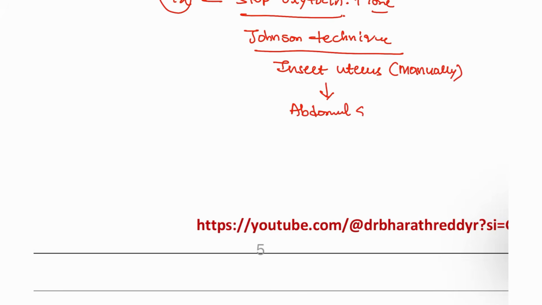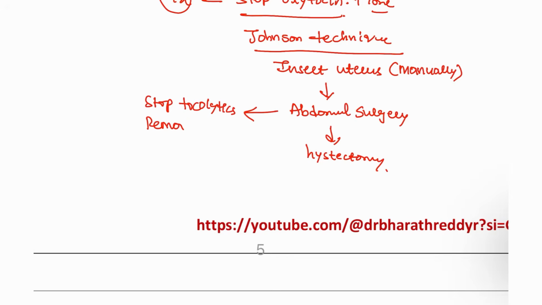And if that also fails, then we can go for the hysterectomy. But if it is successful, then we have to stop the tocolytics, whatever drugs we are giving, remove the placenta and resuscitate. Start the oxytocin and whatever fluids are needed, give those for this patient.